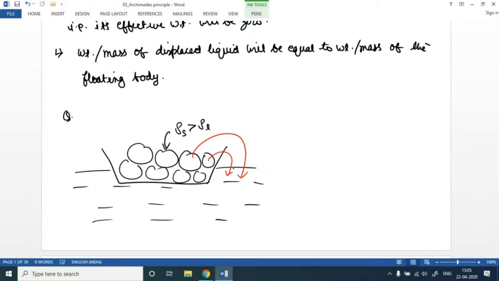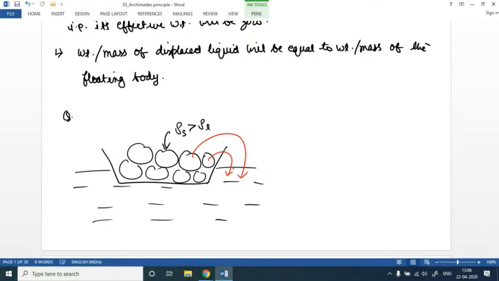Okay, the answer to this is very simple. When the stones are on the boat and floating, they are displacing liquid equal to their own mass or weight. But when they are thrown into the liquid, they will be submerged and will be displacing liquid equal to their own volume only.